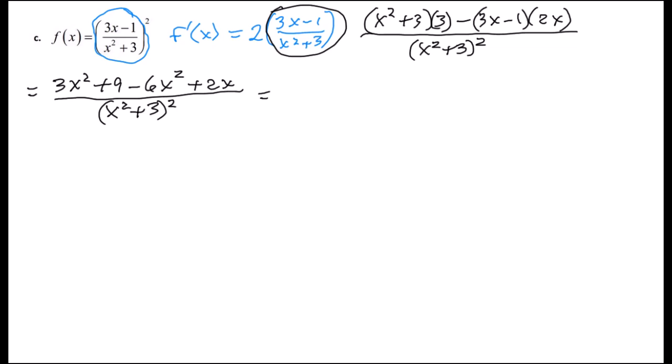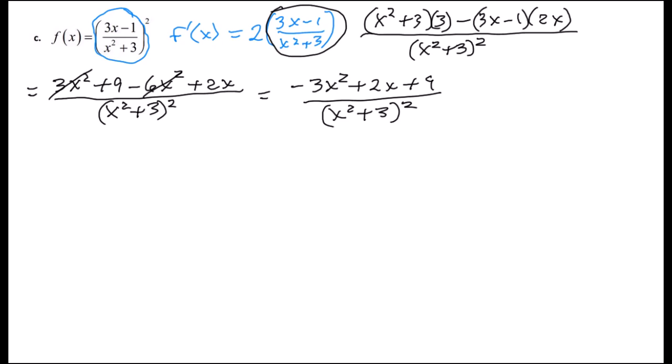And so I've got 3x squared minus 6x squared, so that's minus 3x squared, plus 2x, plus 9, over x squared plus 3 to the second power. But remember, that's just the derivative part of our u, so that's du, if you will.